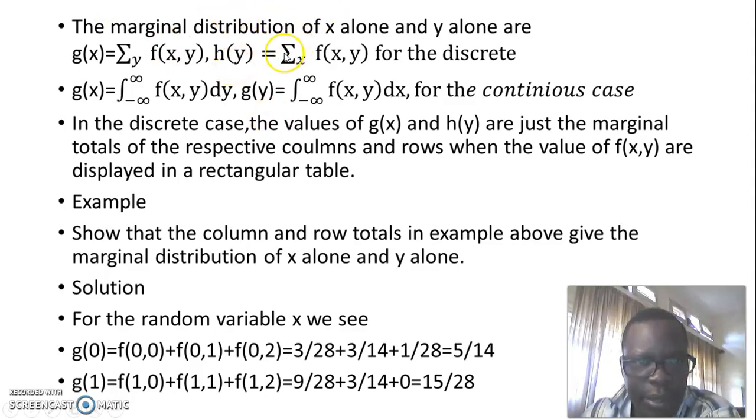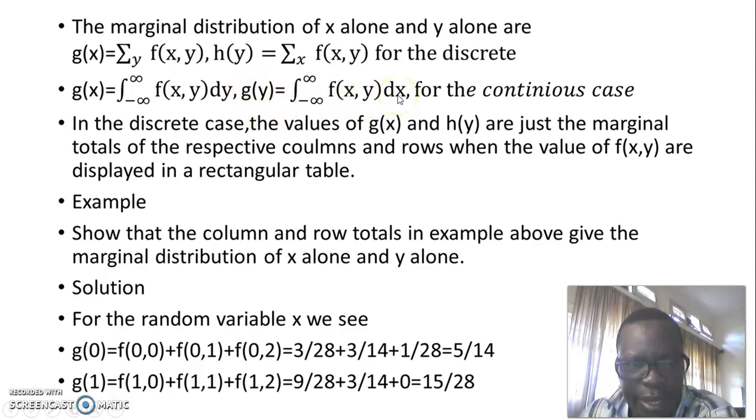Which is equal to the summation of the joint distribution for the discrete case. Whereas for the continuous case, we use the integral sign to sum over the interval of the joint probability distribution with respect to y, which is equal to the integral from negative infinity to positive infinity of the joint distribution xy with respect to x.